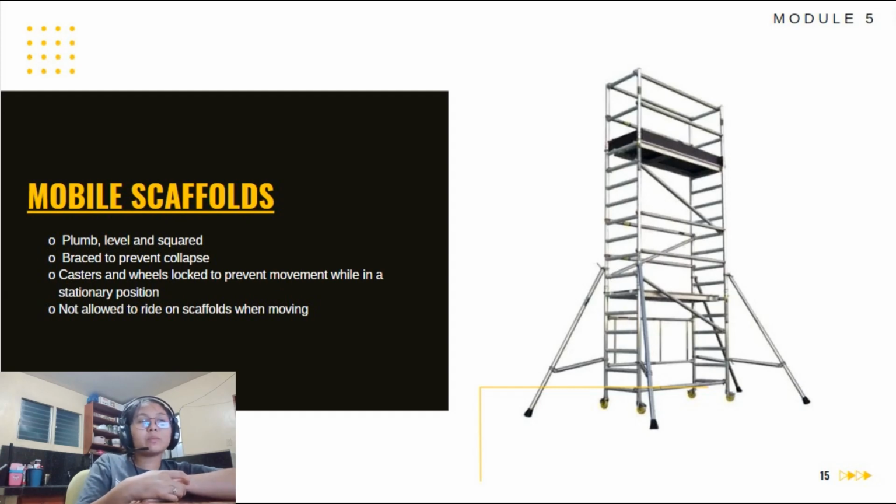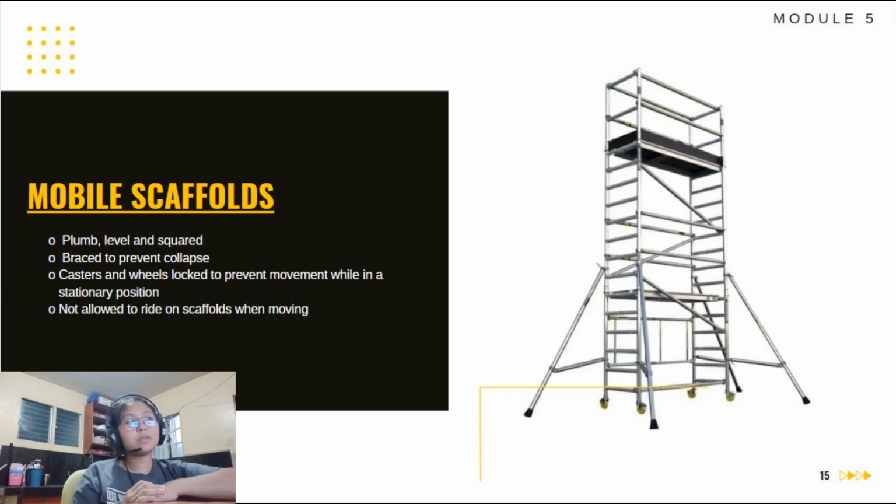Pangalawa is brace to prevent collapse. Kung hindi mo naman maiwasan na sa isang slanted area, lagyan mo siya ng bato or anything na nakakapag-prevent para gumalaw yung scaffold. Pangatlo is caster and wheel lock to prevent movement while in a stationary position. So, kung hindi ka sure na may nakalock doon, na may bato, check mo yung gulong.